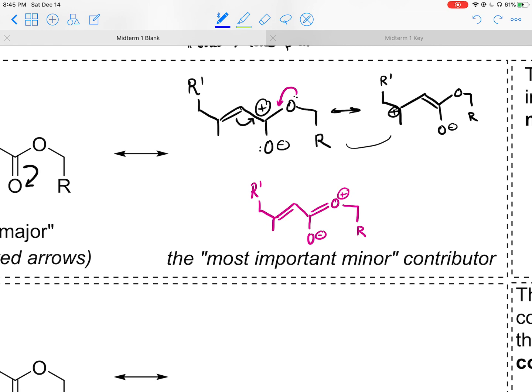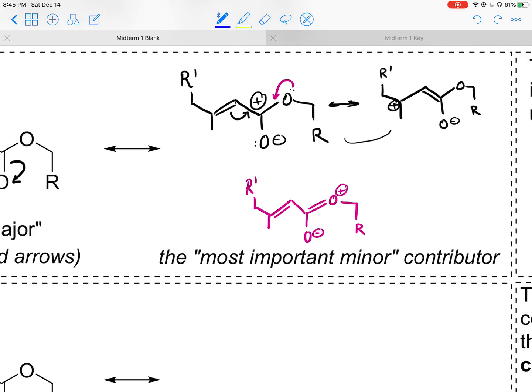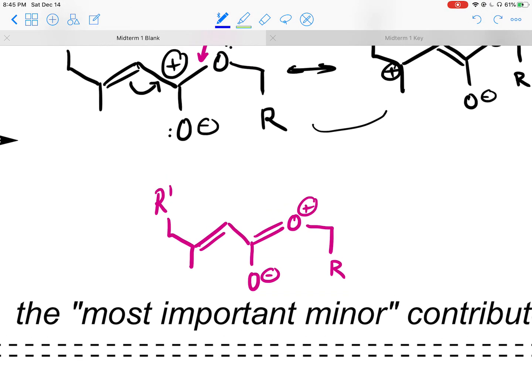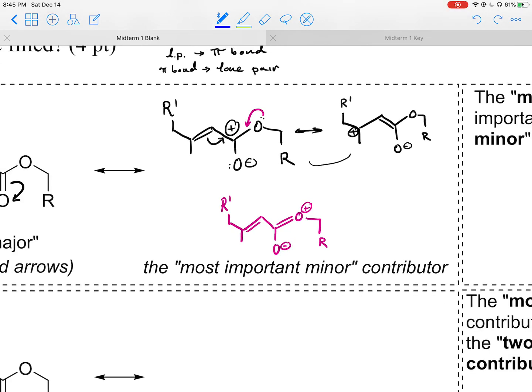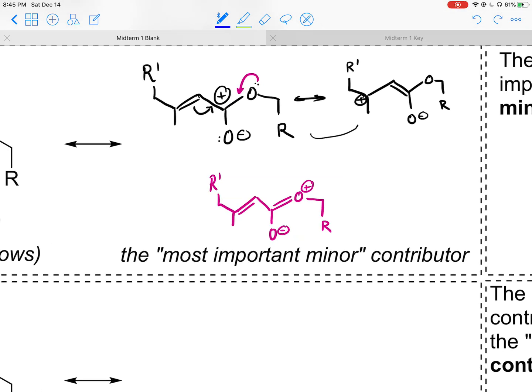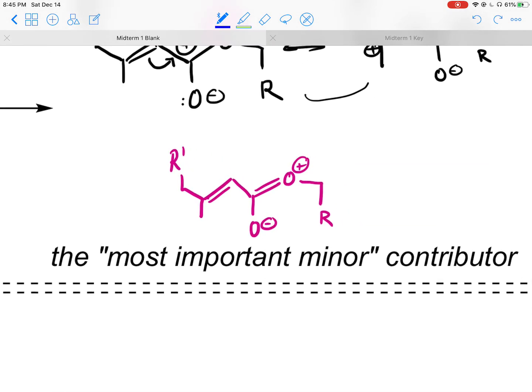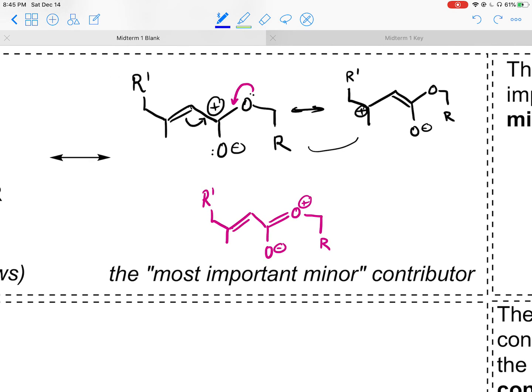We would rather have a negative on an oxygen than on a carbon because it's more electronegative, and carbon ions we don't typically make them, at least in this part of the class. So let's see, are there any other major resonance?